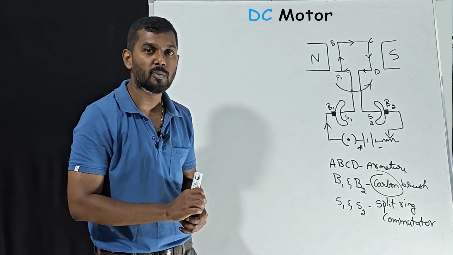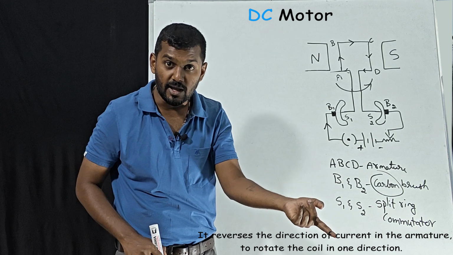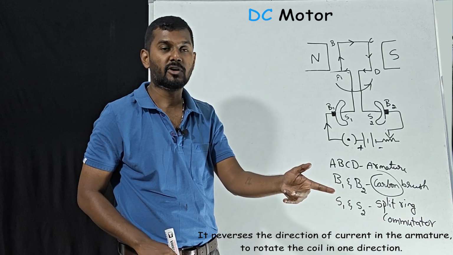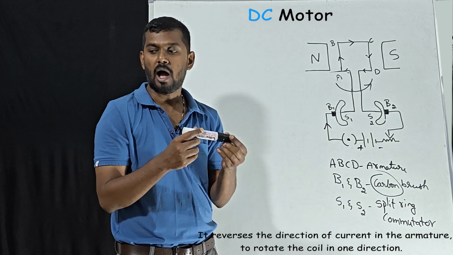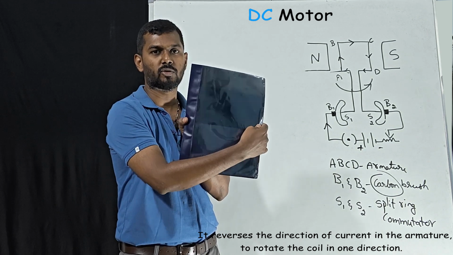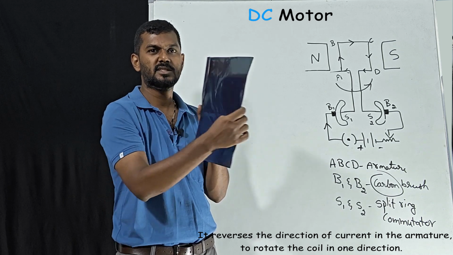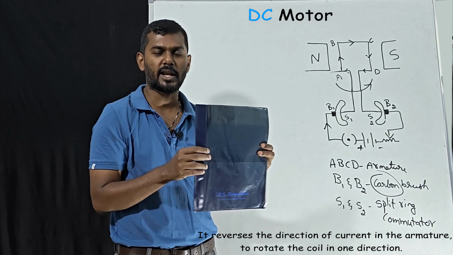So what is the function of the commutator? The commutator will change the direction of current in the armature for every half rotation. See, this is half rotation. If it completes like this, that is one full rotation, correct?